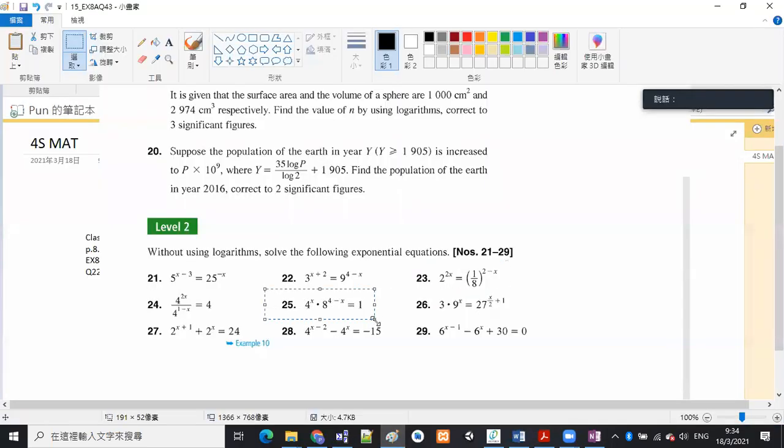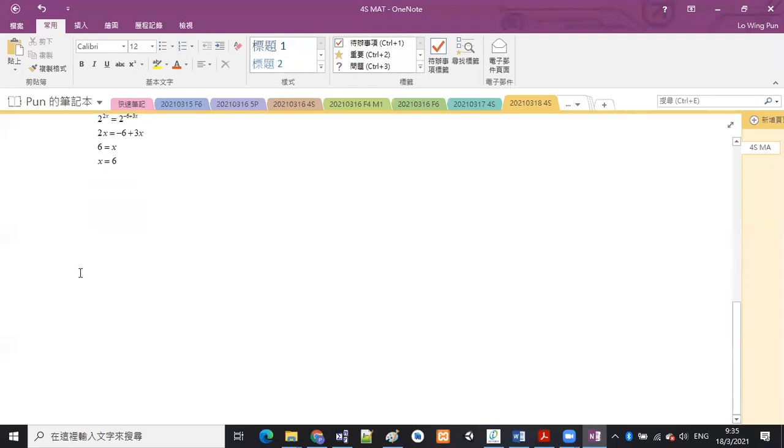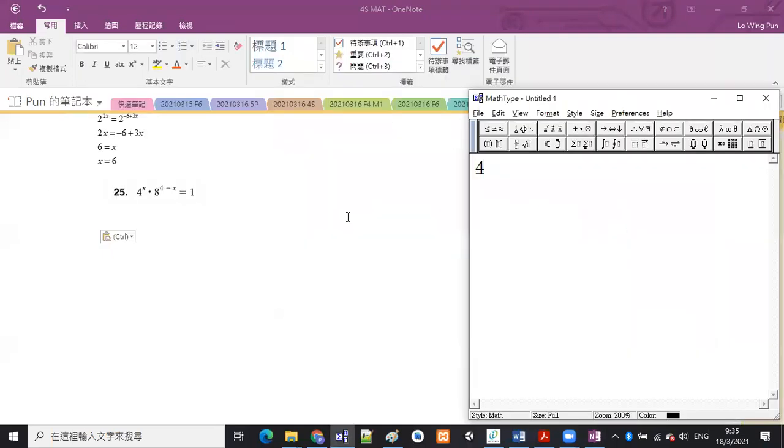25. Okay, so 4 to the power x times 8 to the power 4 minus x, different bases. But we know that the 4 and the 8 can both be changed to a power of 2. So it's 2 squared to the power x times 2 cubed to the power 4 minus x is equal to 1. Then use the laws of index: 2 to the power 2x times 2 to the power 12 minus 3x. We add the indexes together on the left: 2x plus 12 minus 3x.